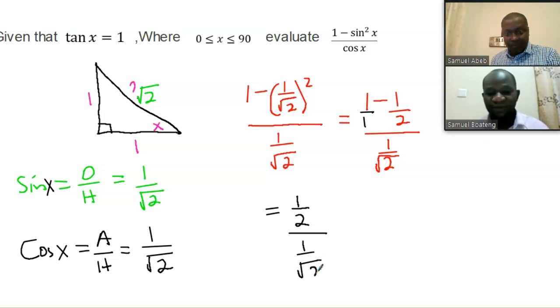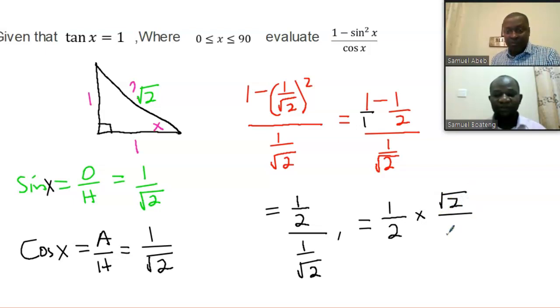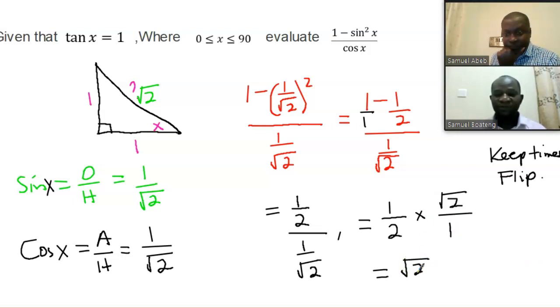So we are dividing two fractions. You have 1 on 2, then we interchange the numerator and the denominator, you have root 2 on 1. So we have root 2 on 2. Yes, that is your answer.